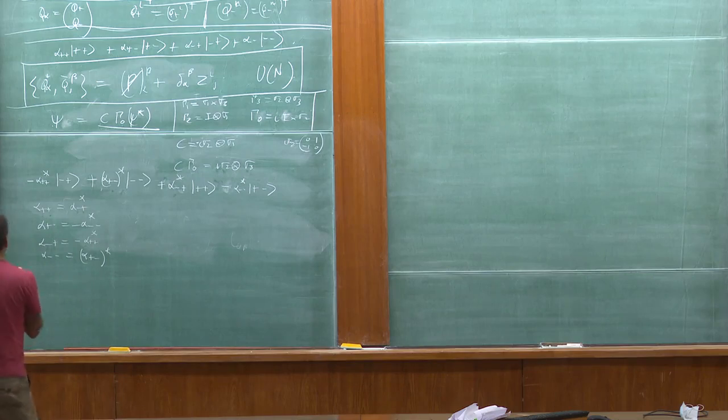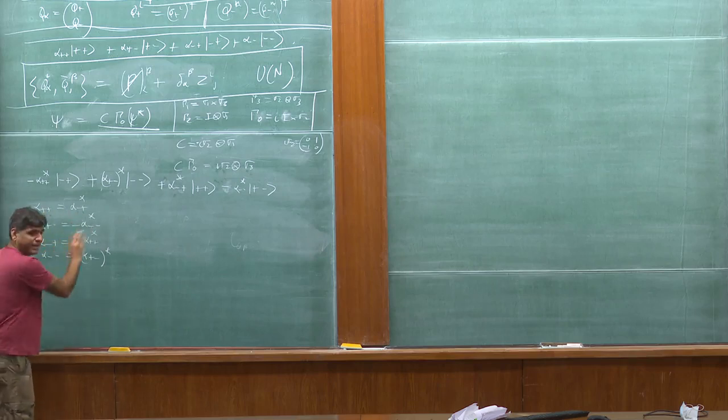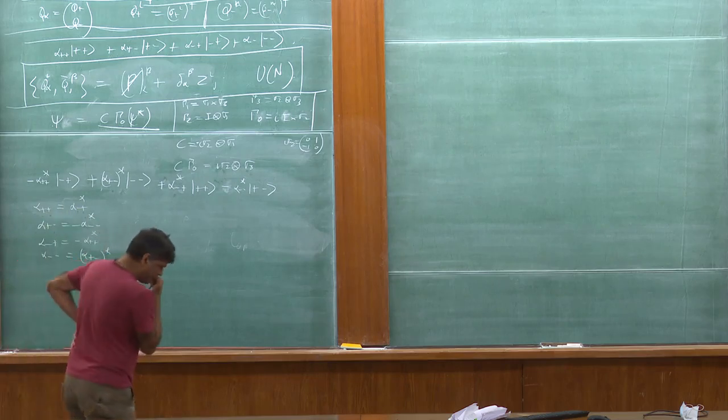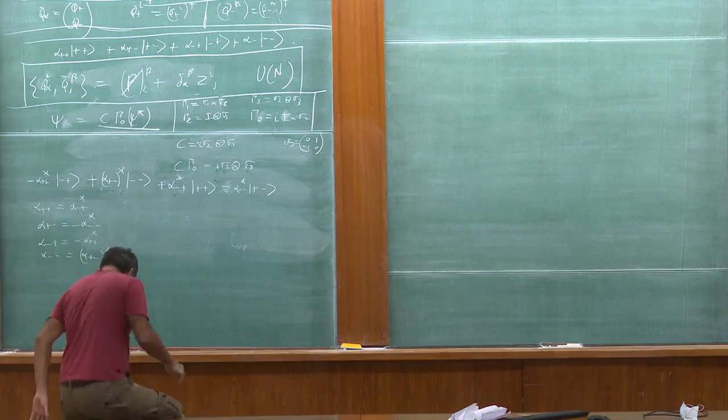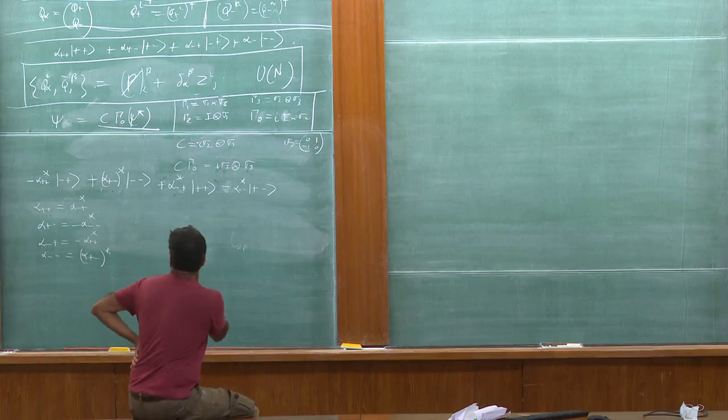It should, of course, mix chiral with antichiral. That it's doing. But it should have been possible to impose this condition. What have I done wrong?